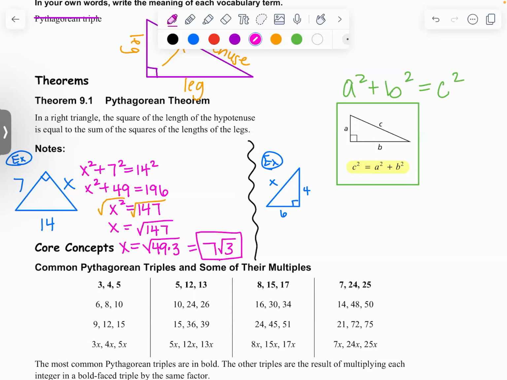Okay. So in this problem, x is our hypotenuse, so we're going to write 4 squared plus 6 squared equals x squared, okay? Doesn't matter if it's 4 squared plus 6 squared versus 6 squared plus 4 squared. Addition is commutative, so we're good.